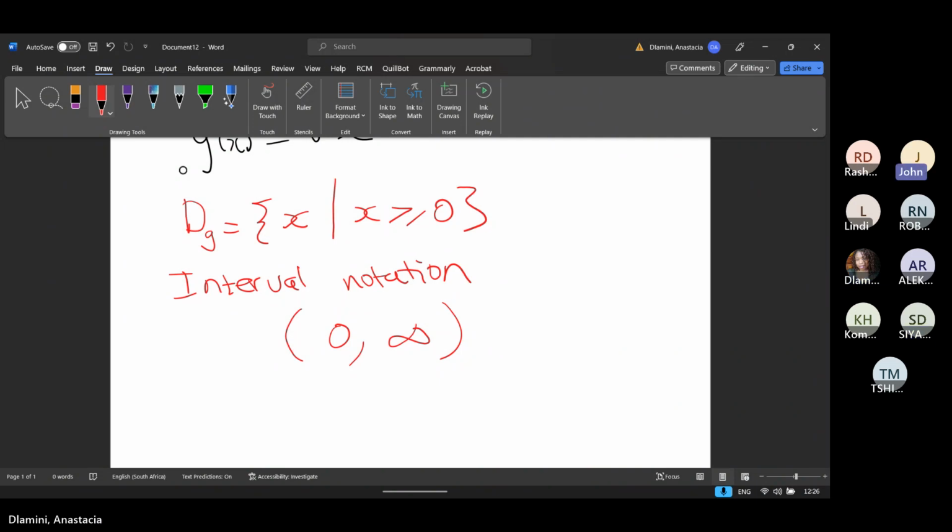It's from 0. How do I write it? Open bracket 0, to.